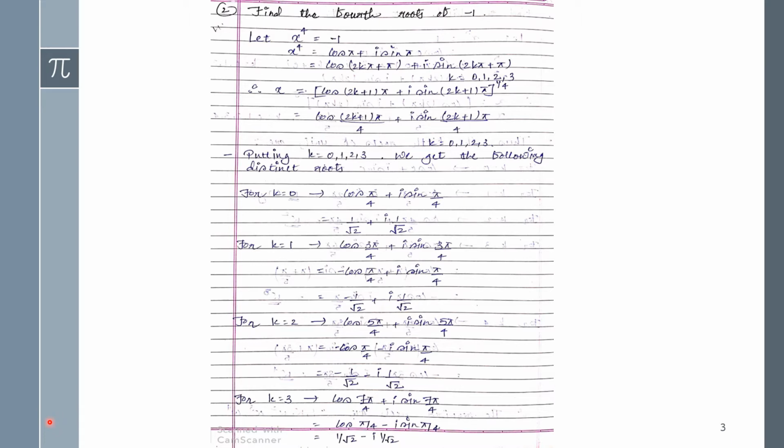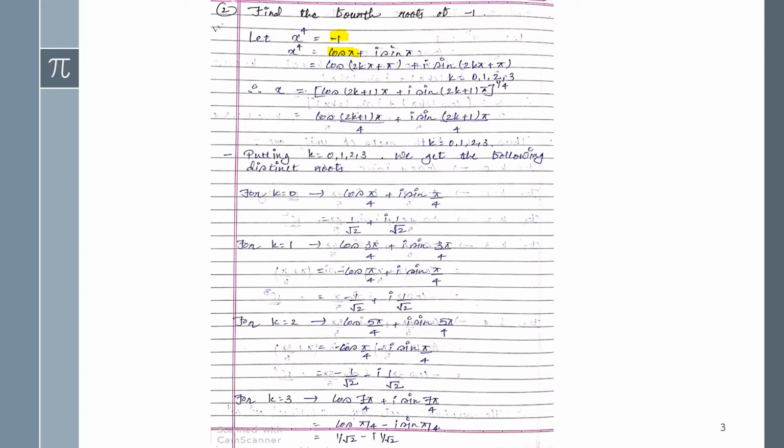So in place of -1 we are now considering cos plus i sin, and here we are getting the angle: cos pi plus i sin pi.